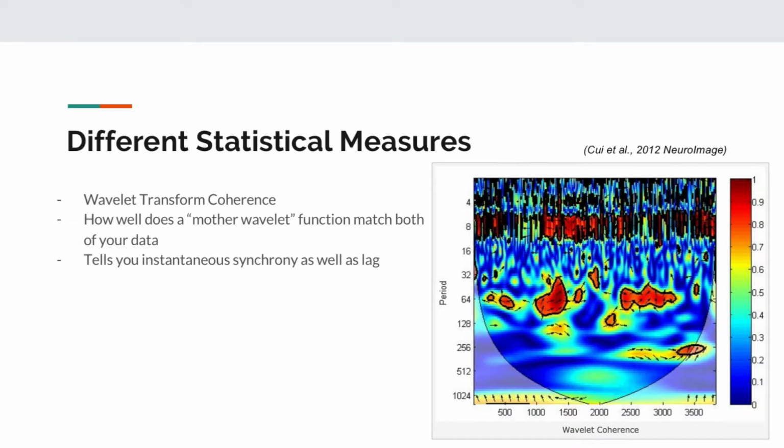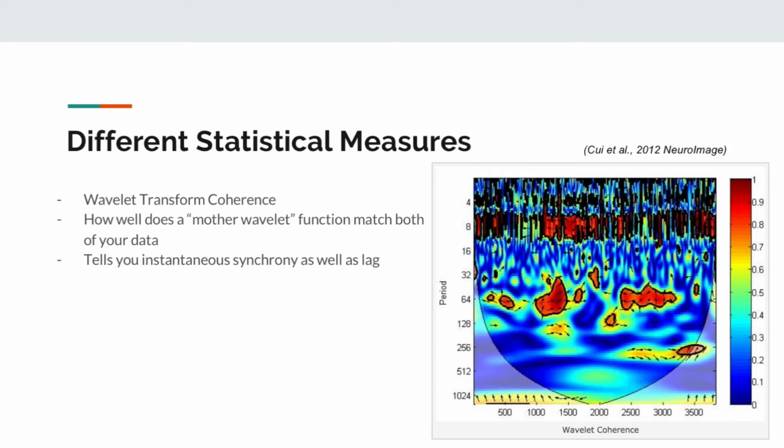And there's also something called the wavelet transform coherence. This is kind of complicated, but you could understand it as how well this mother wavelet function, a particular wave shape, matches both people's data.